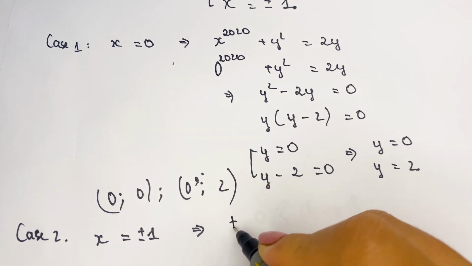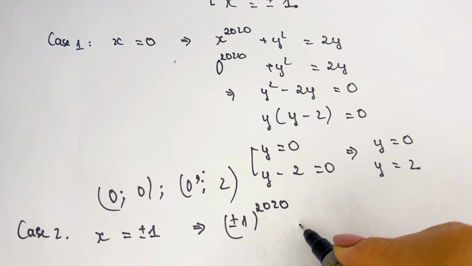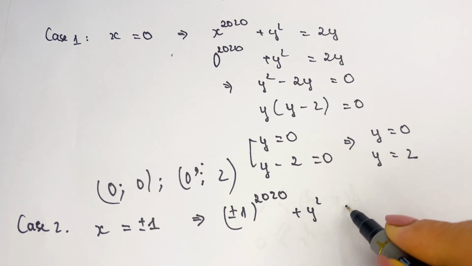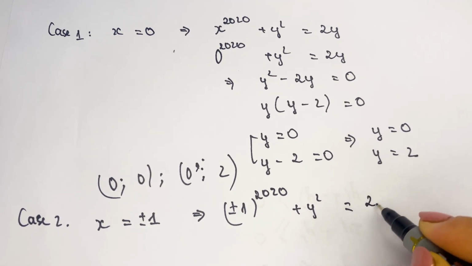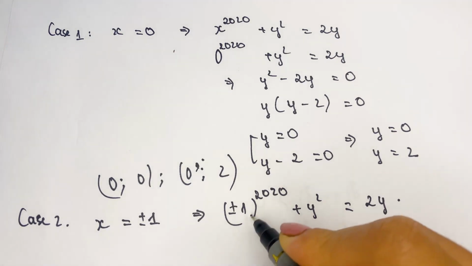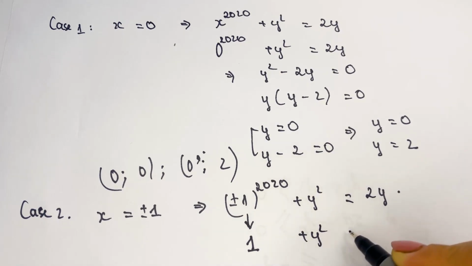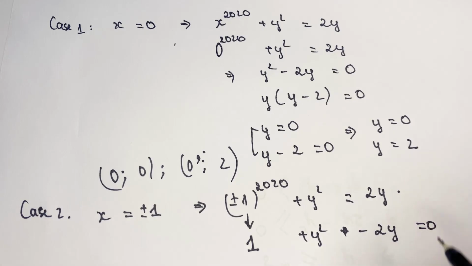So we have (plus or minus 1)^20 plus y squared equals 2y. Yes, so we can say 1 plus y squared minus 2y equals 0.